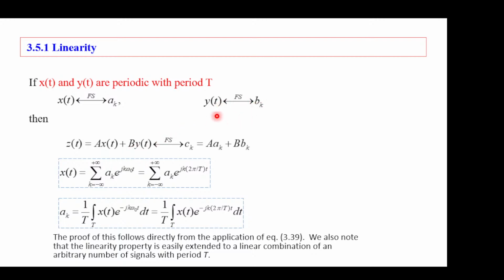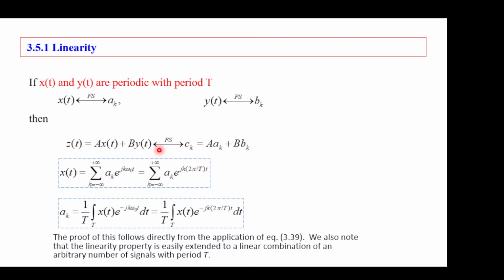Then we can directly get the Fourier series coefficients of a signal z that is a linear combination of x of t and y of t. So z of t equals A x of t plus B y of t. Then the ck, which is the Fourier coefficient of z of t, will be the same linear combination of ak and bk. So ck will be big A ak plus big B bk.